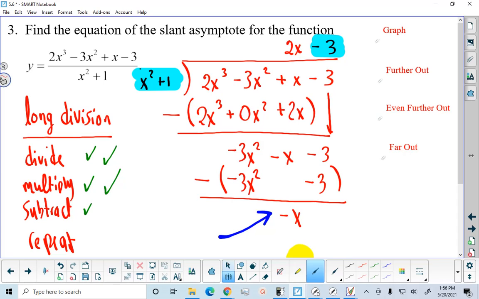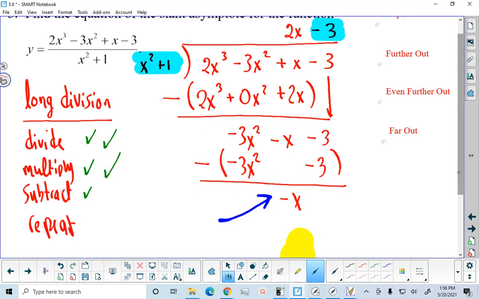What does this mean? It means that the original function is equal to the quotient, which is 2x minus 3, plus the remainder, which is negative x over the divisor.